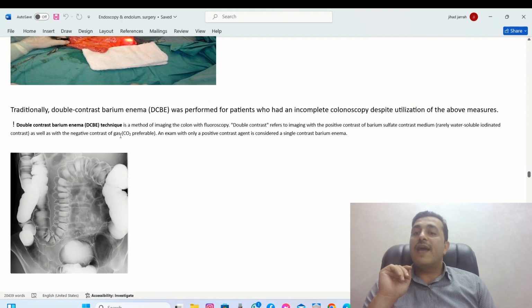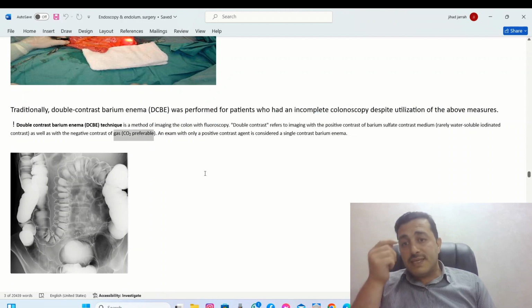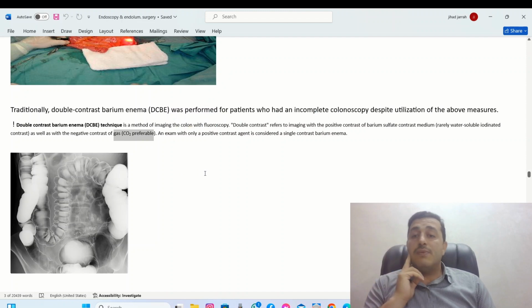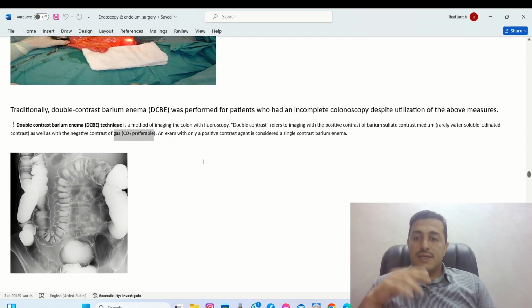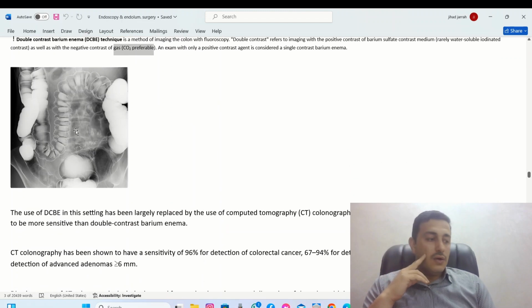This is the use of gas, preferably CO2. I'm just explaining what double contrast barium enema means, because in the past, I misunderstood. For me, double contrast was the use of oral contrast and lower contrast. No, this is the use of barium contrast and the gas contrast. It will look like this.